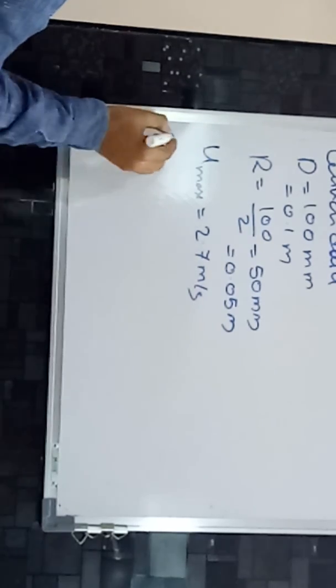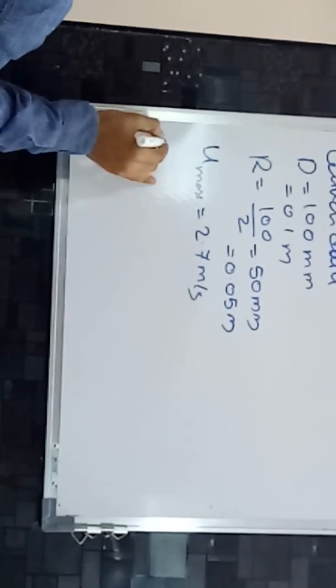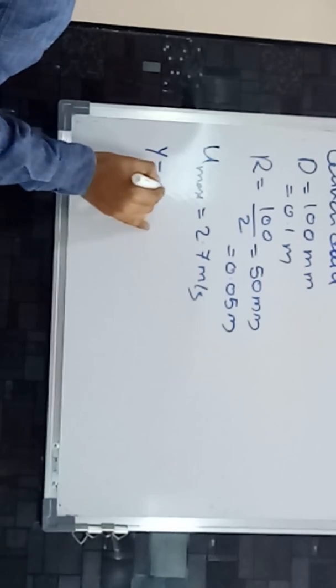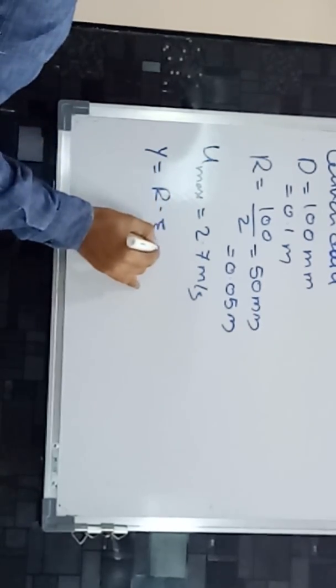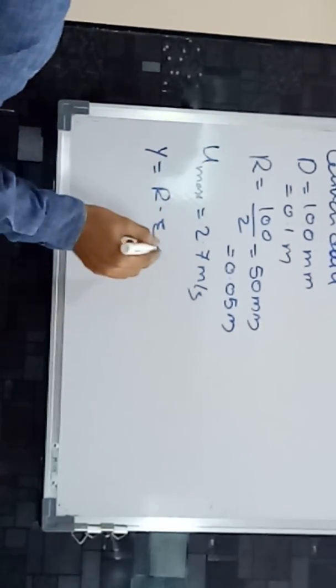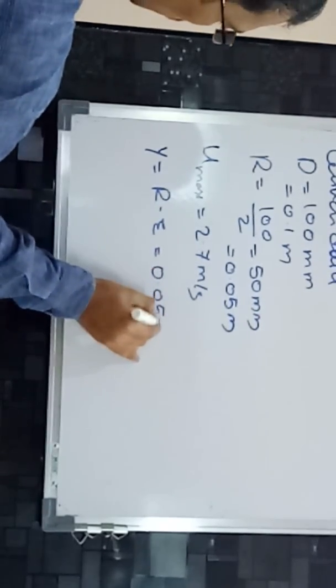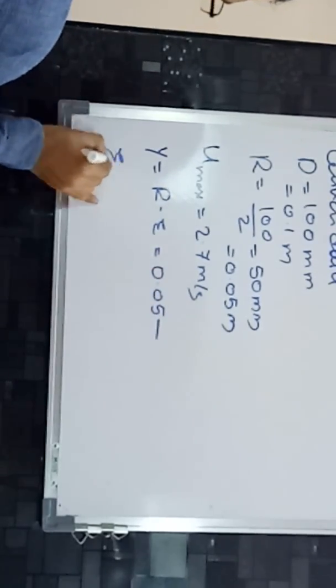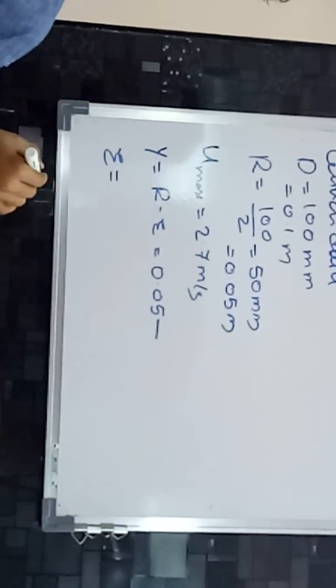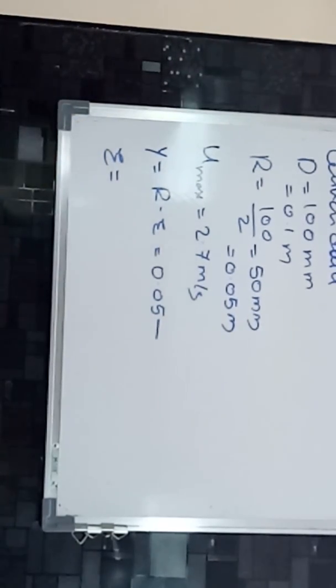Then the velocity at y. Here, 0.05 minus this small r, they have given as 35 mm.